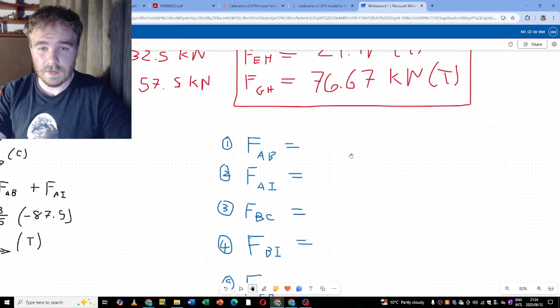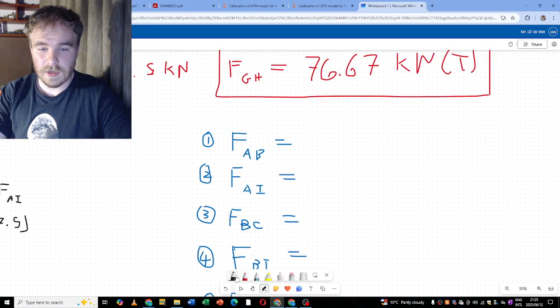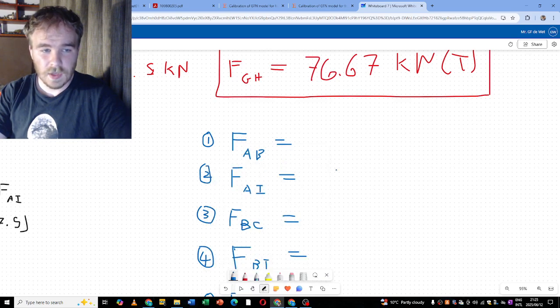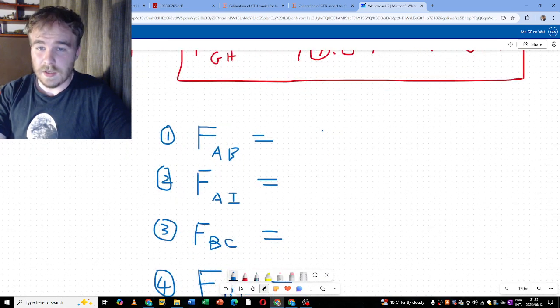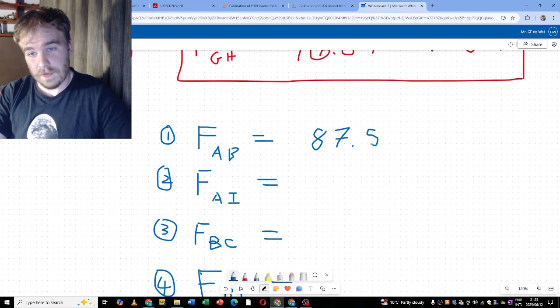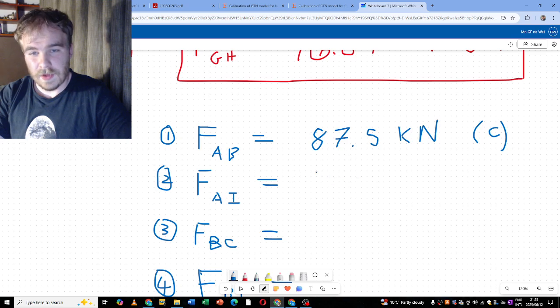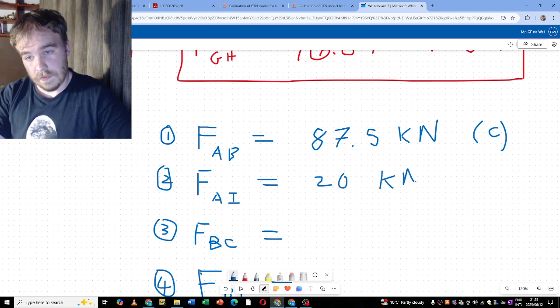Okay, now that we trust these values, now I can go and write them down in my little table of sorts over here. So FAB is 87.5 kilonewtons in compression, and FAI is 20 kilonewtons in tension.